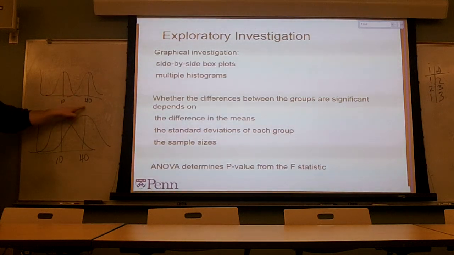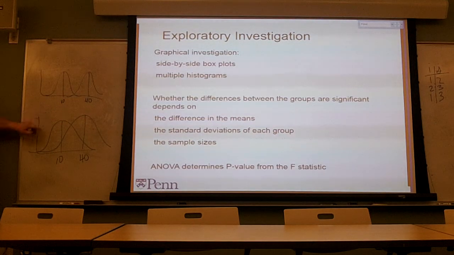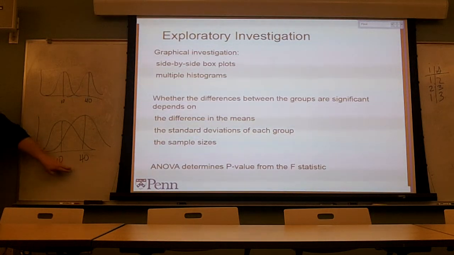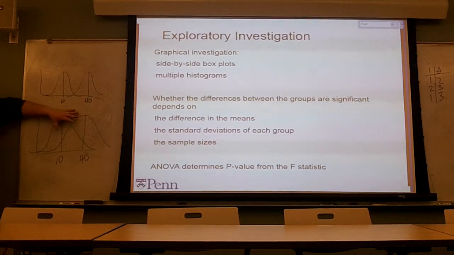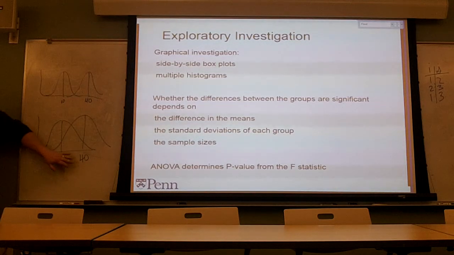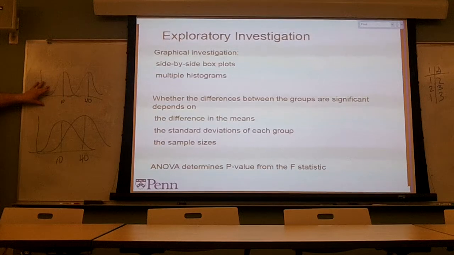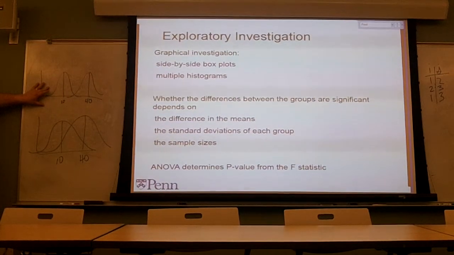Therefore, it's easy to see the difference between these two groups, right? In this case it's the same mean between A and B, but here there's more variance in the groups, so it would be more difficult to see this difference of 30 than that difference of 30. Make sense? Okay.